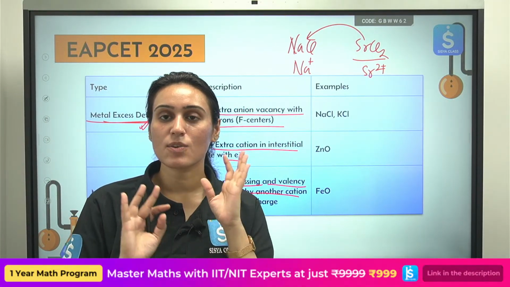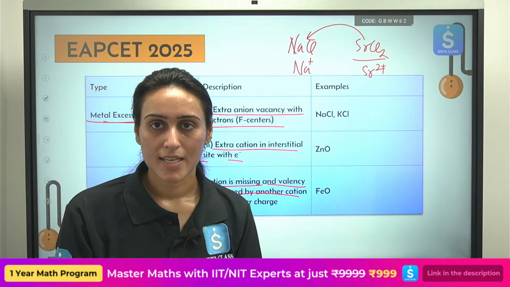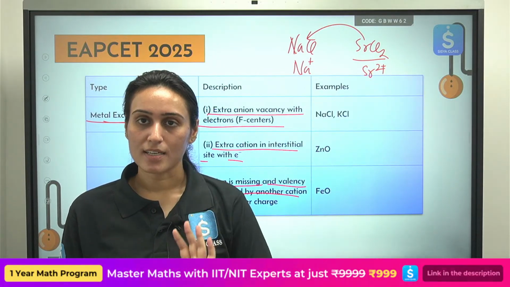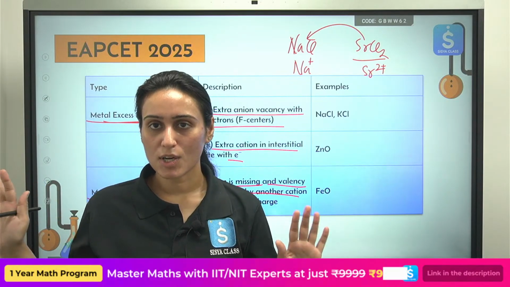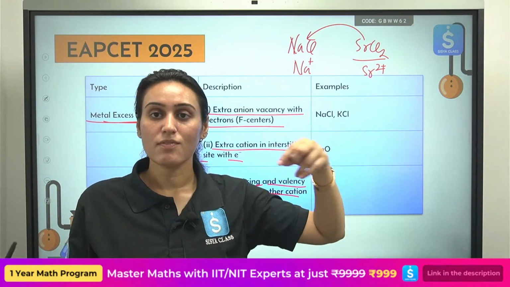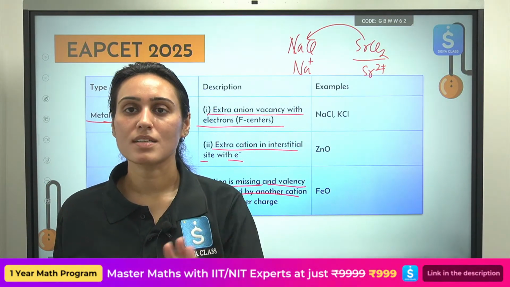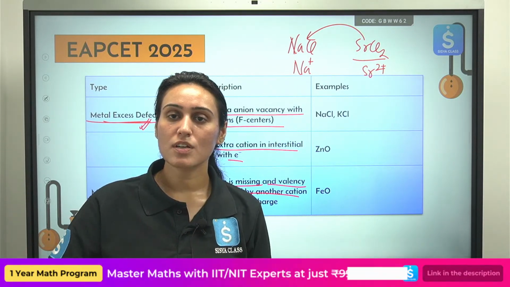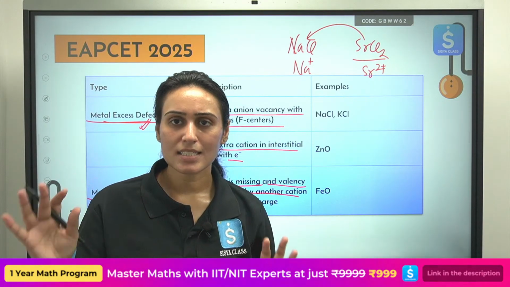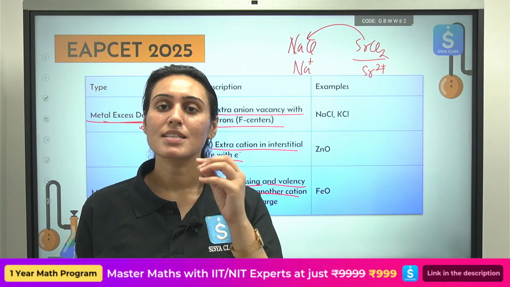In that lattice you have added some impurity. Impurity is strontium chloride. When strontium chloride comes, chloride are same, they will not do anything. Strontium will replace Na+ ions. Lattice was of Na+ ion. Now strontium will occupy its place. Not each and every Na+ ion will be replaced, some of them.